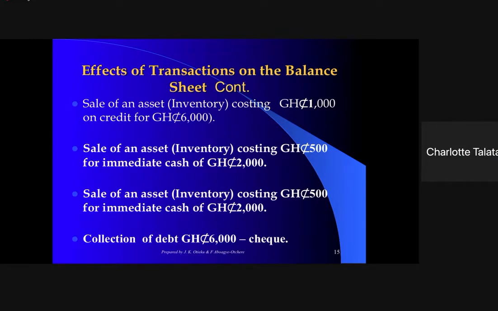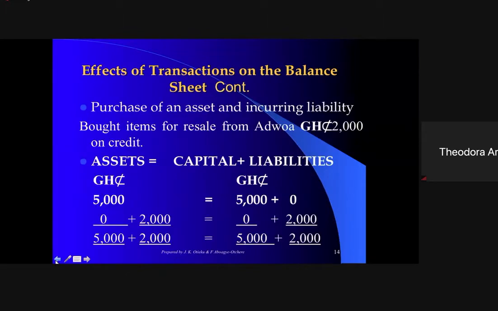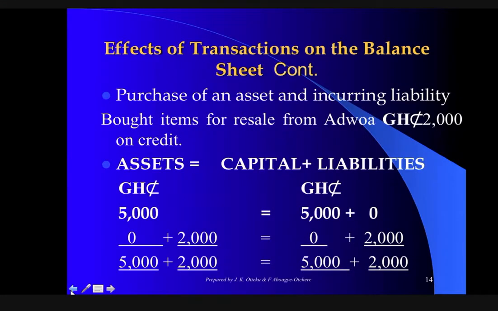Now we can go and update the equation. So it means that now we will start with an asset of 7,000, right? Yes, please. Because from this slide, our asset was standing at 7,000. So we'll start from our asset is 7,000, but now we have gained an asset worth how much? 6,000.